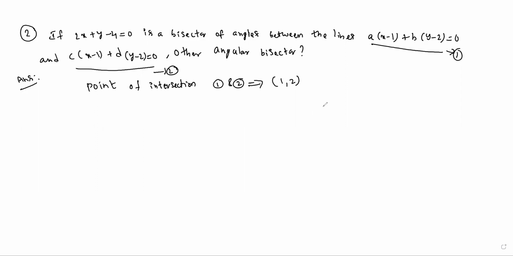Okay, now if you want, you can take it like this. First line, second line, this point we already know, internal bisector. Now one angular bisector is already given. We need to find another angular bisector which is perpendicular to this one.